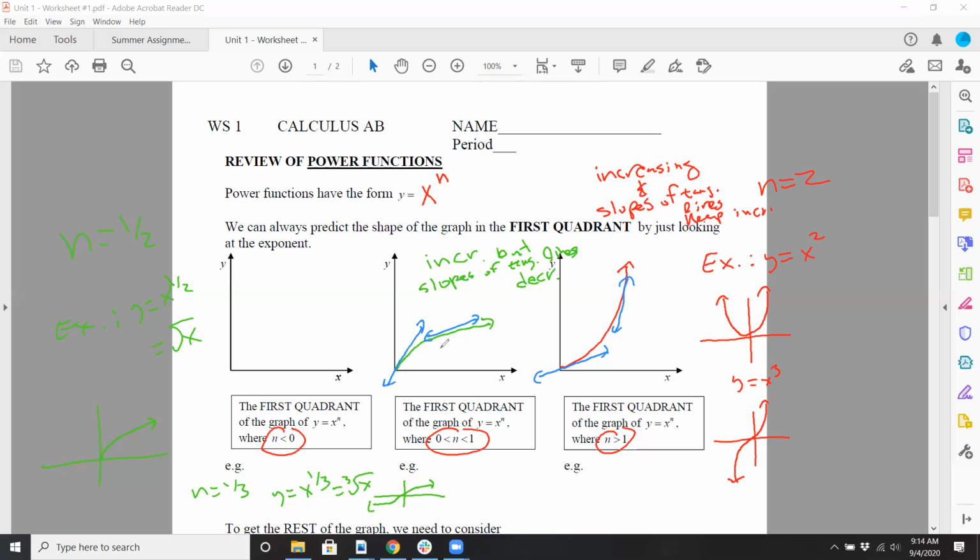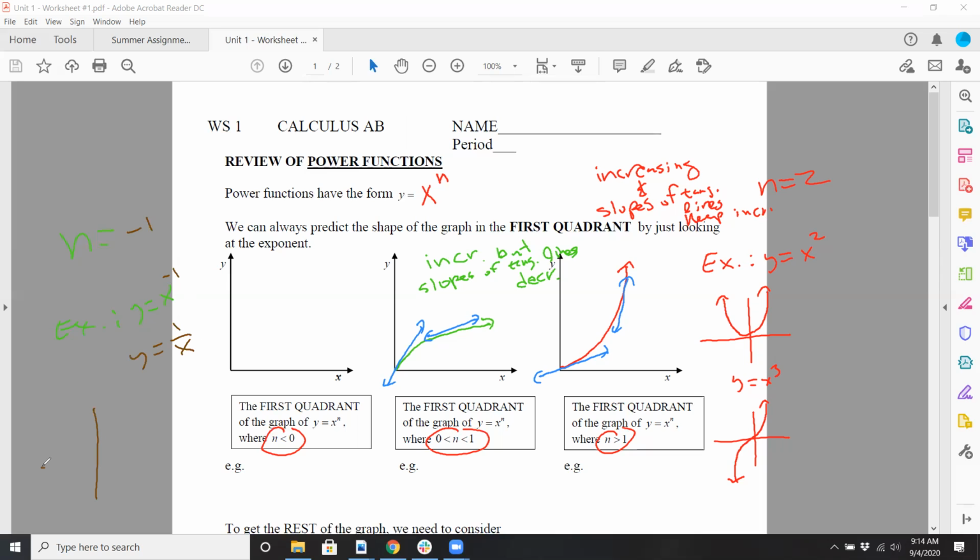Okay. And then lastly, what if your n is less than 0? So let's erase this here because I need some space. What would you like to say n is? Maybe -1. Great, perfect. I love it. -1. So y equals 1/x.